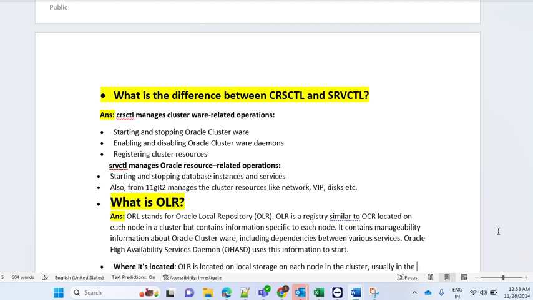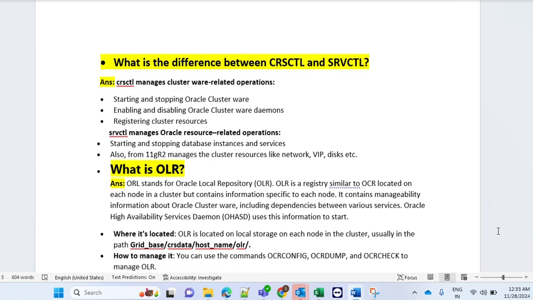The Oracle High Availability Services Daemon (OHASD) uses this information to start the clusterware. Where is it located? OLR is located on the local storage of each node in the cluster, usually in the path grid_base/crsdata/hostname/olr. How to manage it? You can manage OLR by using the commands ocrconfig, ocrdump, and ocrcheck.